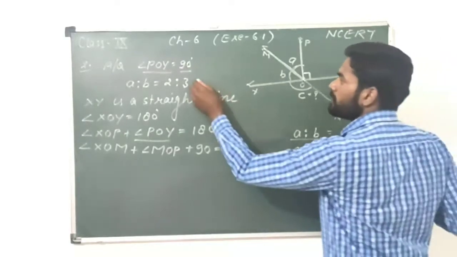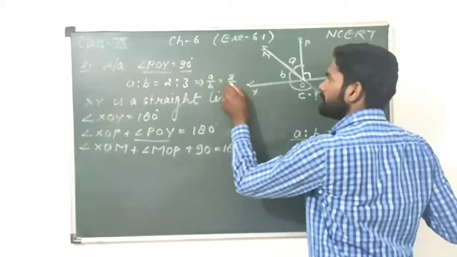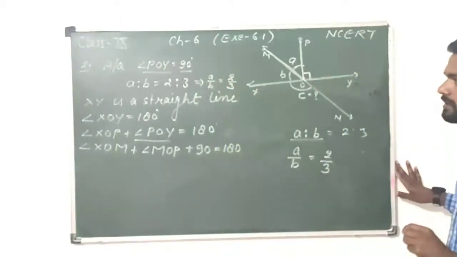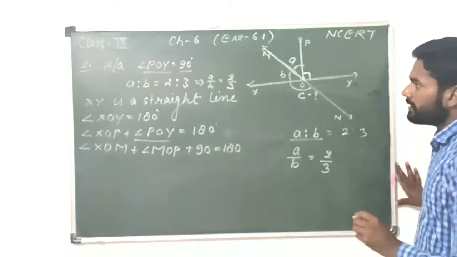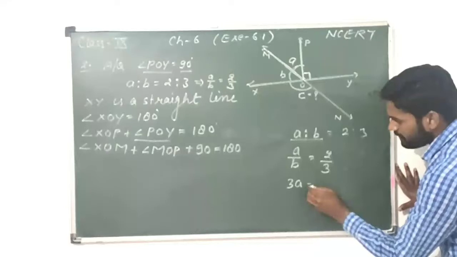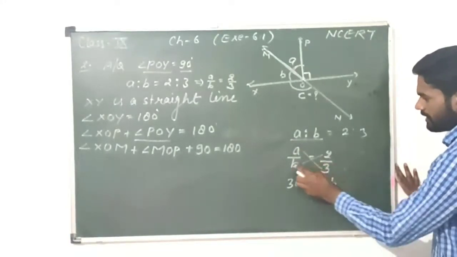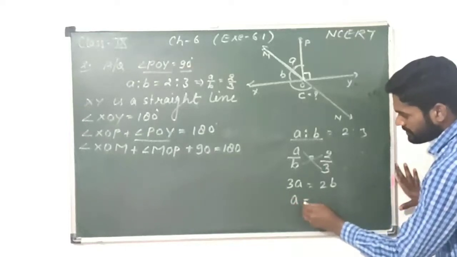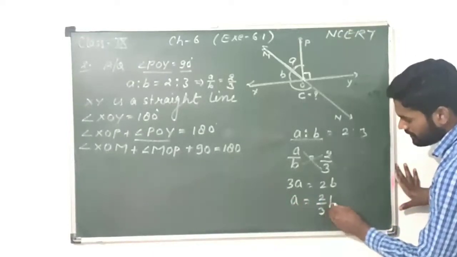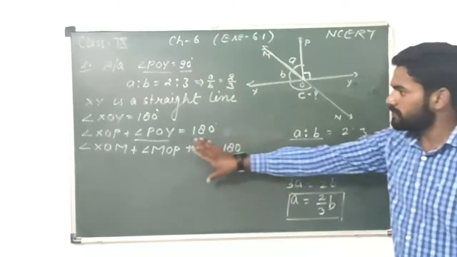Did you understand up to here? Now cross multiplying, 3A is equal to 2B. After the cross multiplication, 3A is equal to 2B, so A is equal to 2/3 B. I will use this value in this case.